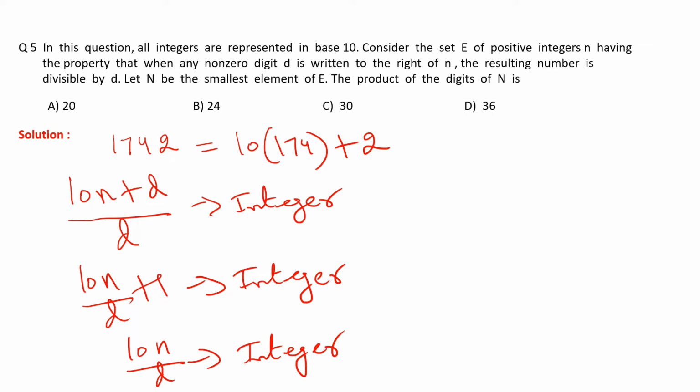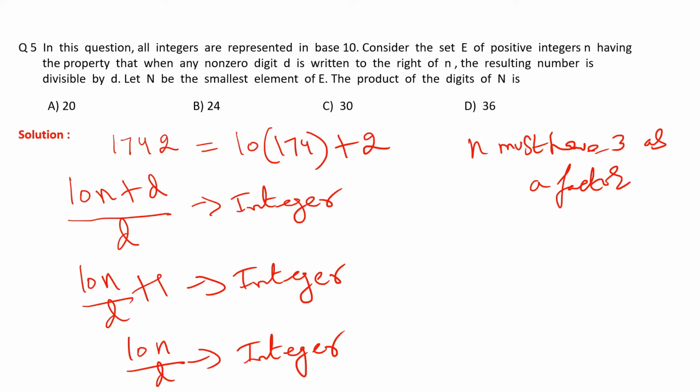Now when I put d as 1, obviously every number is divisible by 1. When I put d as 2, it's not necessary that n must contain 2, because 10 is already having 2 as a factor. Fine. But when I put d as 3, then 10 does not contain 3 as a factor. That means n must have 3 as a factor, because only then 3 will cancel out, otherwise not.